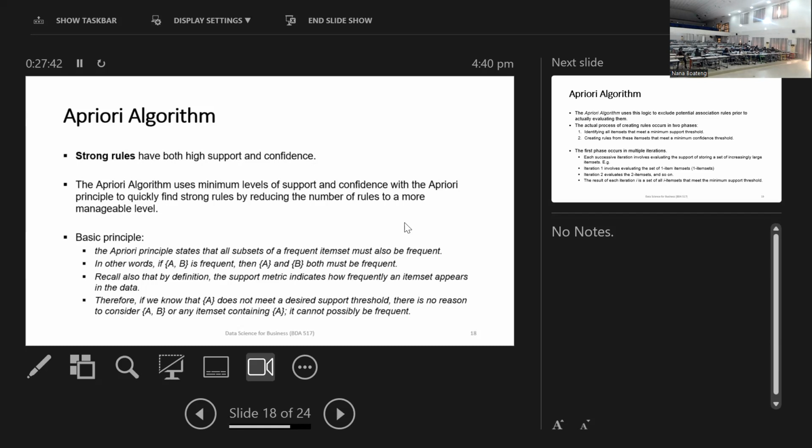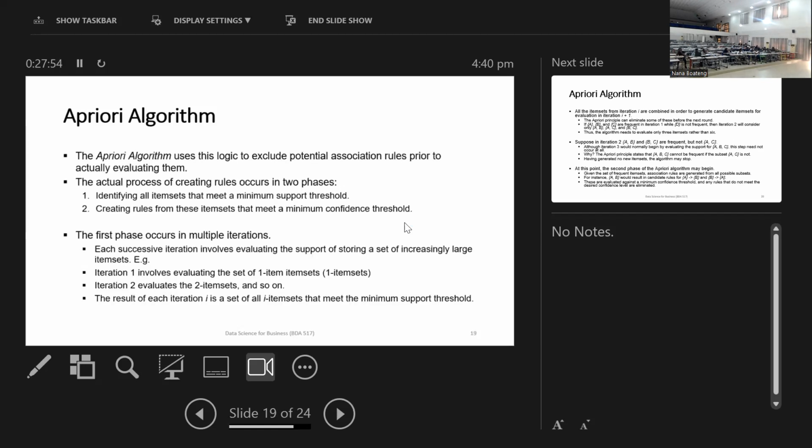Okay, so what we will require, we will set it, and then it will generate the rules. So let's see how the actual process does that.